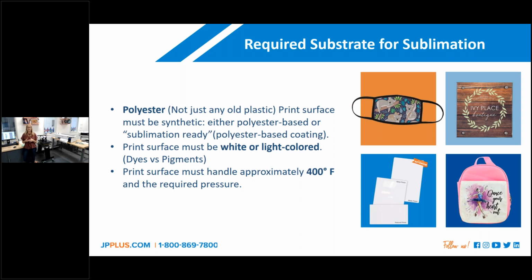It also must be white or light colored. With sublimation technology, it does not have white ink. So you're going to really cater to the negative space of your artwork to incorporate that white color. So it's a CMYK printer, so you want to make sure you have a white or light colored substrate.